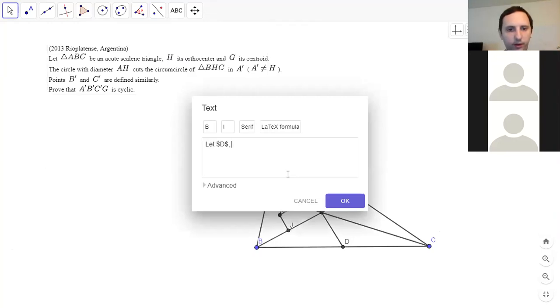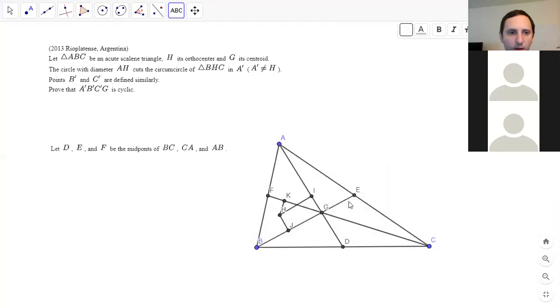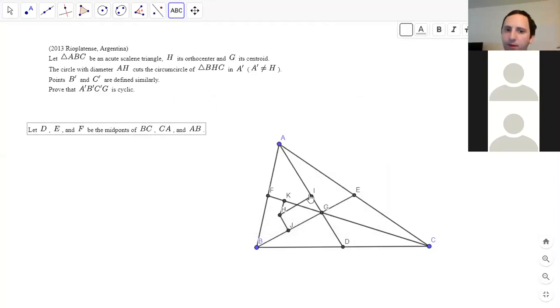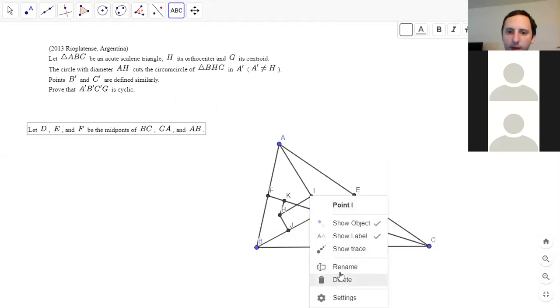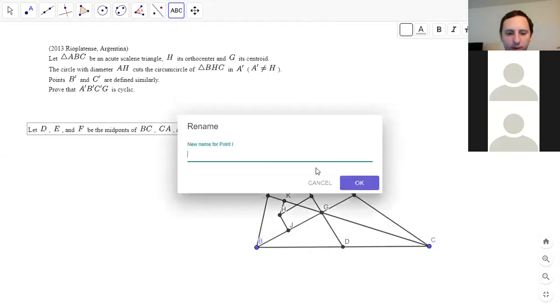Let D, E, and F be the midpoints of BC, CA, and AB. So maybe I could call this... Let me give better names to these.